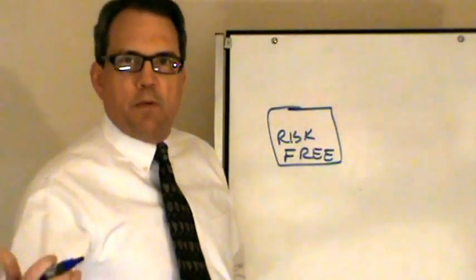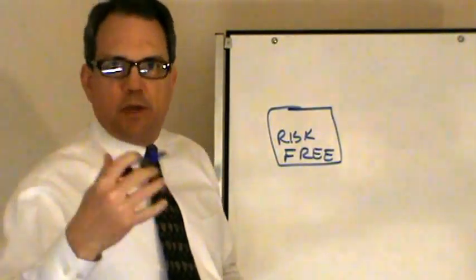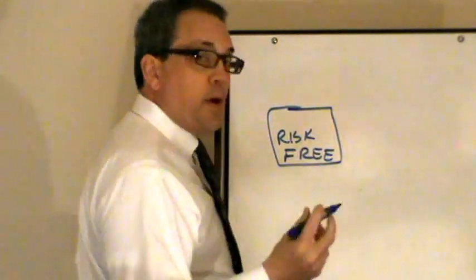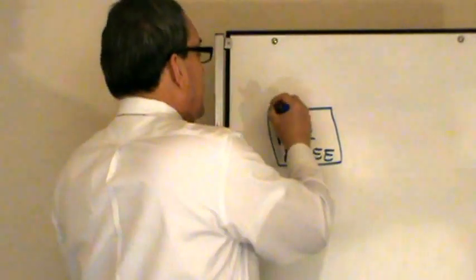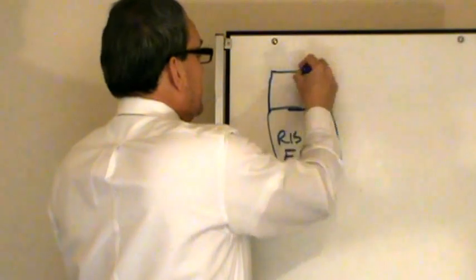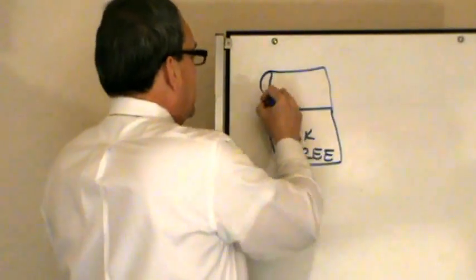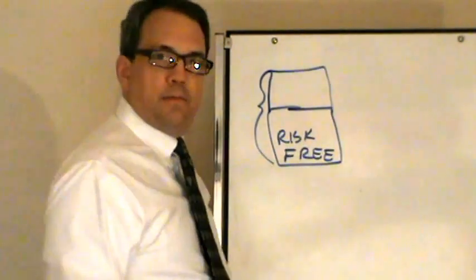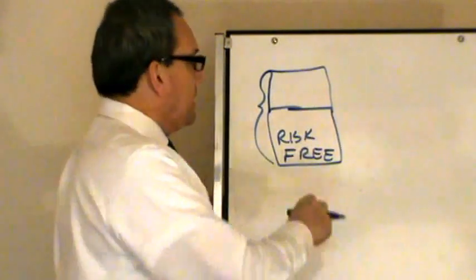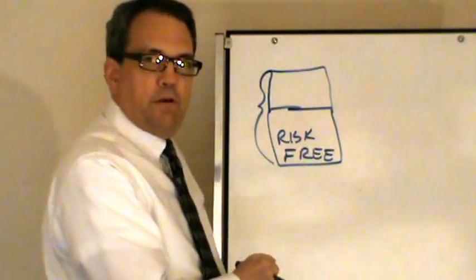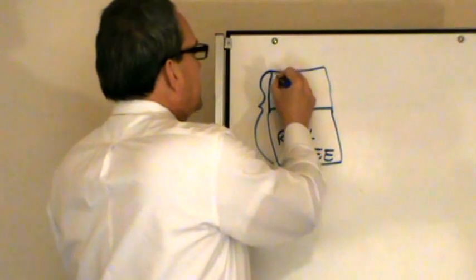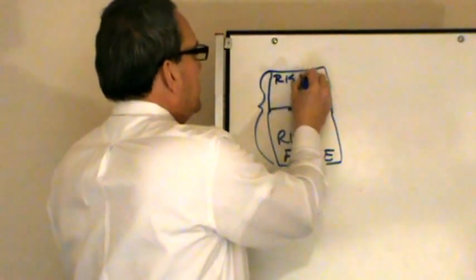Remember, I take those probabilities, the best case, the worst case, the medium, multiply by the rate of return, and add those together. This is my total expected return. But if I can get the risk-free return from a risk-free investment, then the difference is my risk premium.